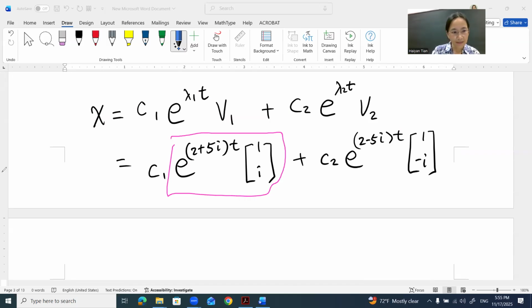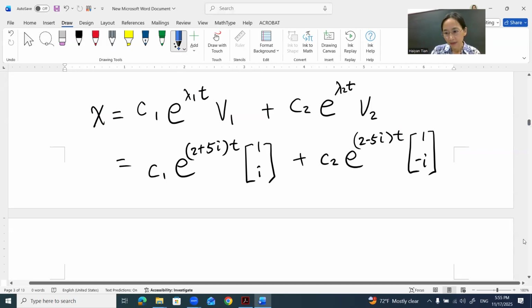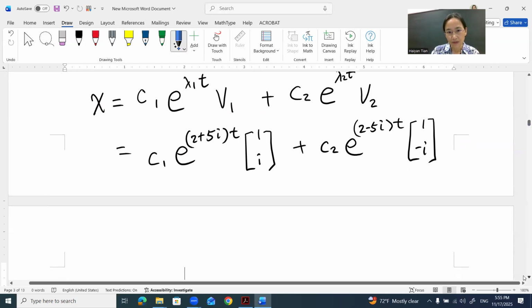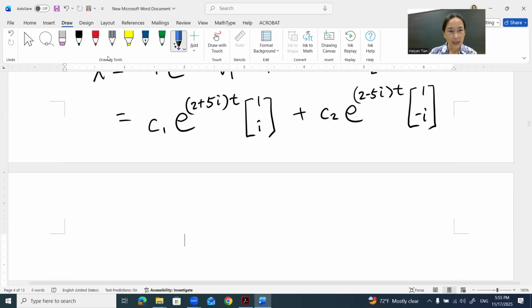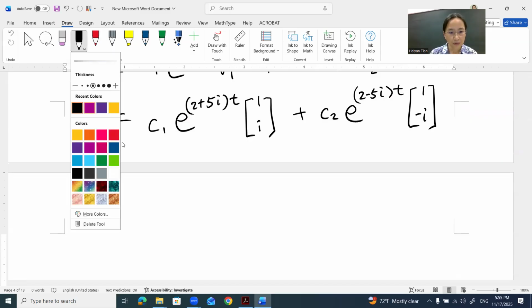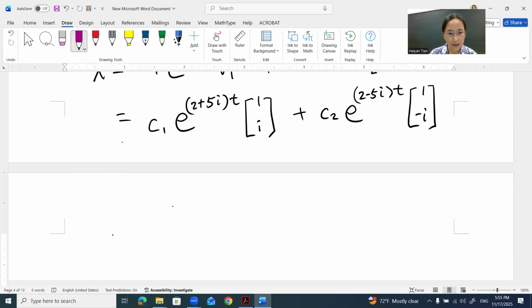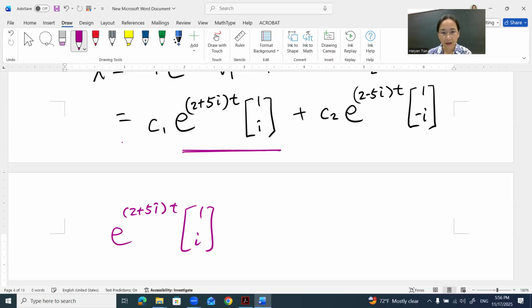Here is one complex valued solution, and we are going to split it. Let's work on this first part, with 2 plus 5i and (1, i), and write it into two parts.